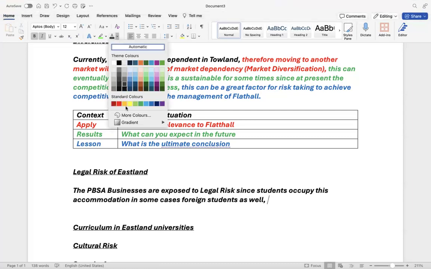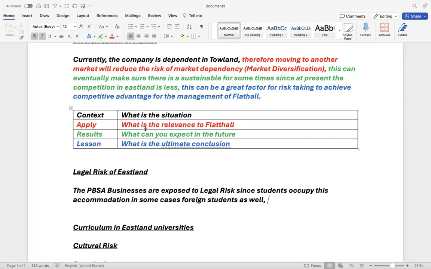Now, students, application. So I'm going to come to the application.